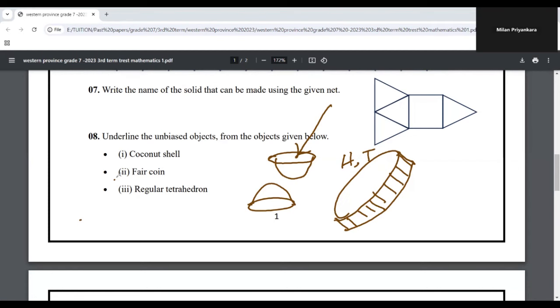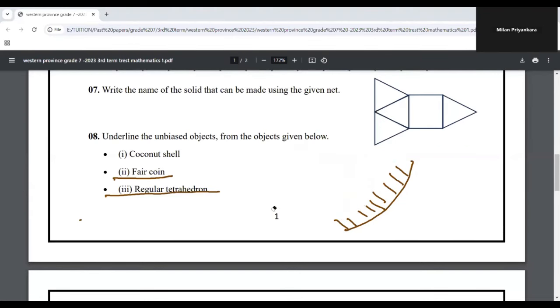So the coconut shell is not fair. The fair coin is fine, and a regular tetrahedron is also fine. It has 4 faces, and they are unbiased, right? So all the faces have equal likelihood of happening, right? And then let's see the other answer.